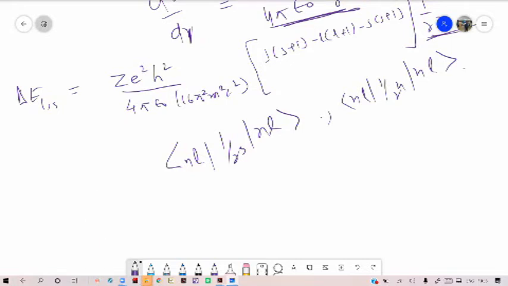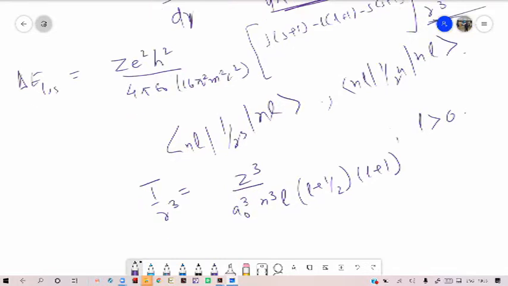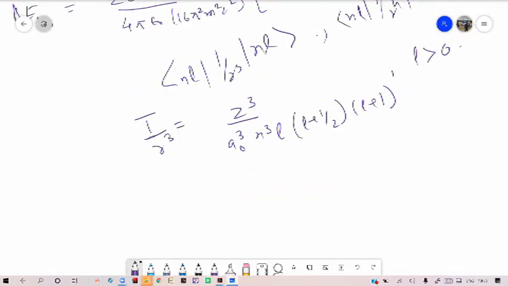From that, when you solve for the average value of 1 by r cube, it is Z cube divided by a naught cube n cube l into (l plus 1 by 2) into (l plus 1). It is provided that l must be greater than 0 for this case.